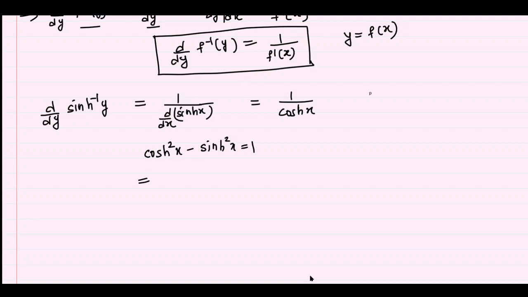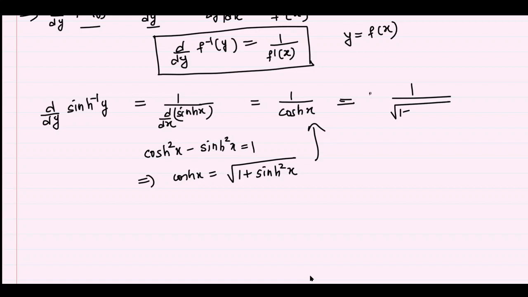So from here we get cosh x equal to square root of 1 plus sinh square x. This value we can substitute here. So this is equal to 1 by root of 1 plus sinh square x.